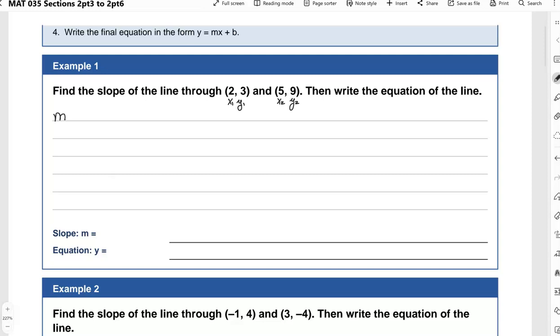So slope is y2 minus y1 over x2 minus x1. So we're going to have 9 minus 3, that's my y2 and my y1, over 5 minus 2. So that's going to be 6 over 3, which is 2. So there's my slope.